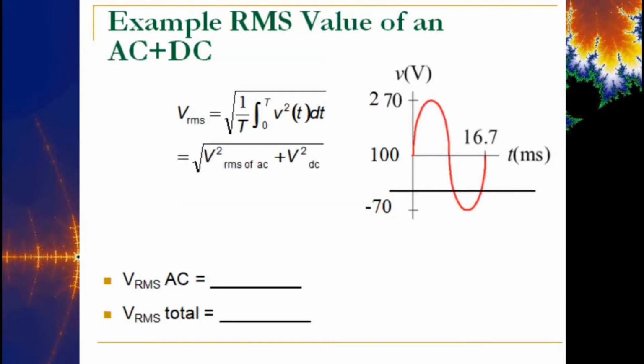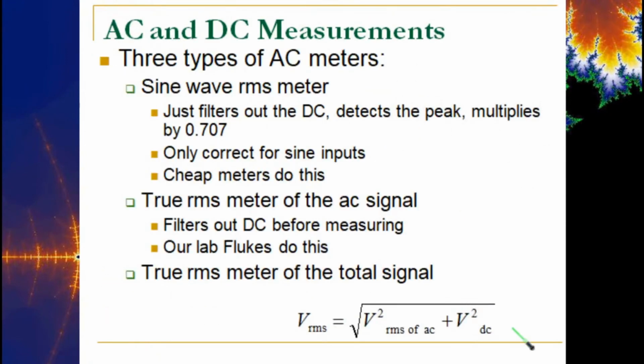All right, let's see here. So this is something I wanted to point out. The meter that you have, the Mastech, is the first kind of meter, okay? Essentially, what it does to measure the RMS is it filters out the DC, detects whatever the peak voltage of that signal is, and then multiplies it by 0.707.